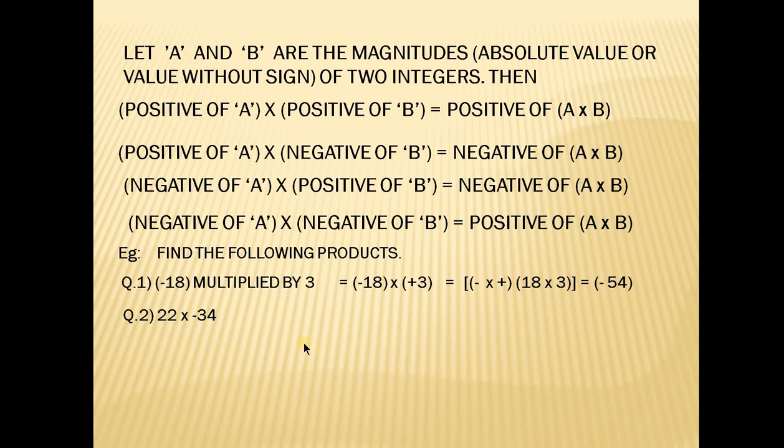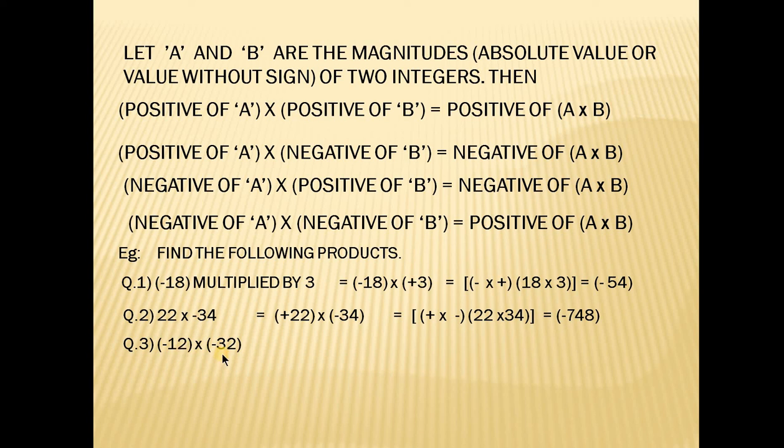Next one, question 2: 22 multiplied by negative 34. This is positive, so you'll have to write it as an integer with a positive sign prefix to 22, then positive multiplied by negative, which is written here, and then the magnitudes 22 and 34 are multiplied, and you get negative 748.